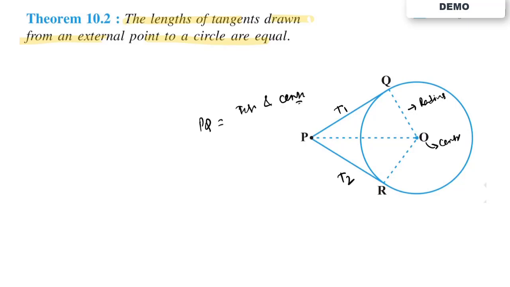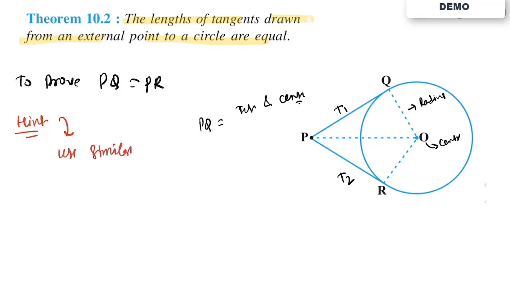So what you have to prove is PQ equal to PR. Let me just give you a hint. Hint is: use similarity or Pythagoras theorem.